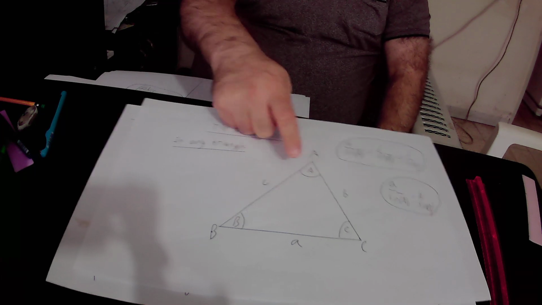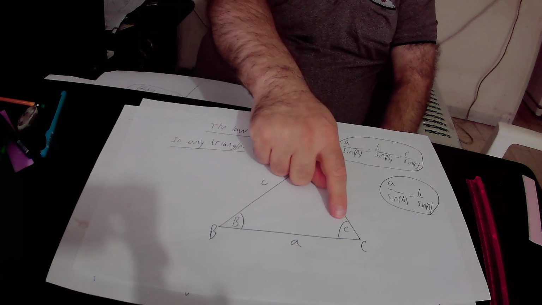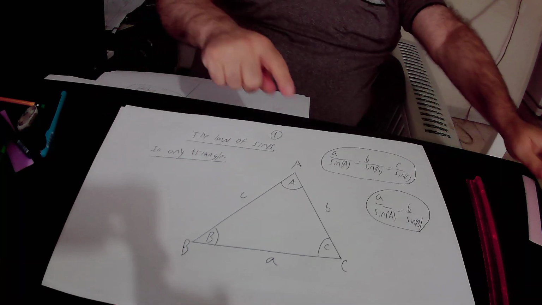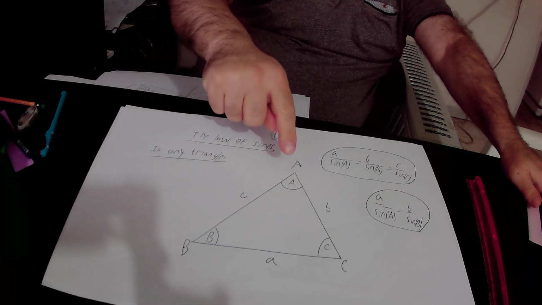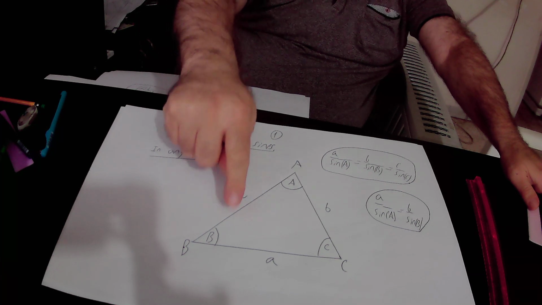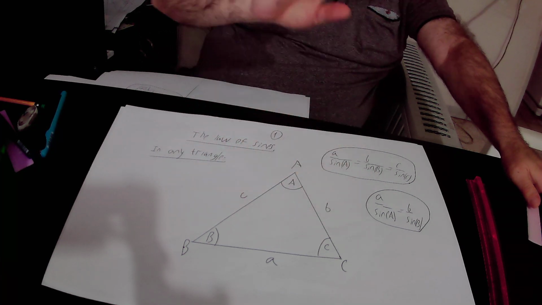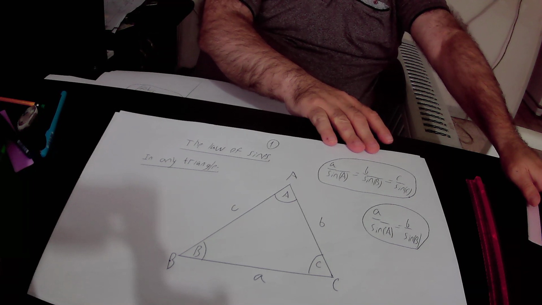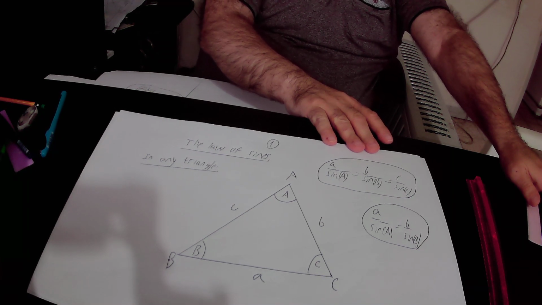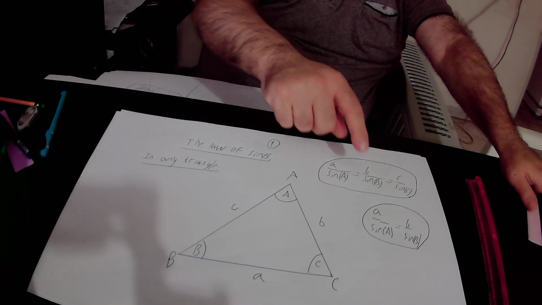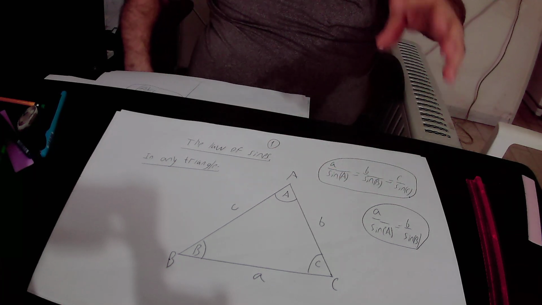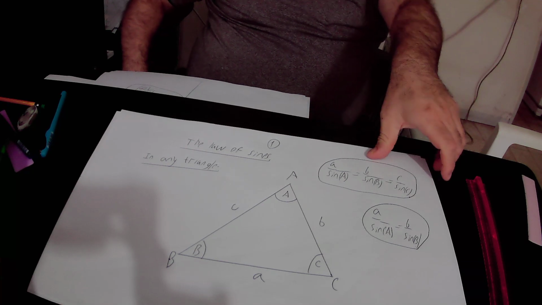This is angle A, this is angle B, and this is angle C. Then according to the law of sines, A over sine A equals B over sine B equals C over sine C. This is the formula. From this formula, we get that A over sine A equals B over sine B, and this equation is true in any triangle.